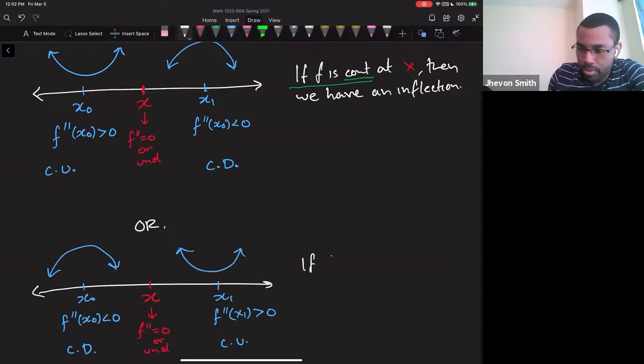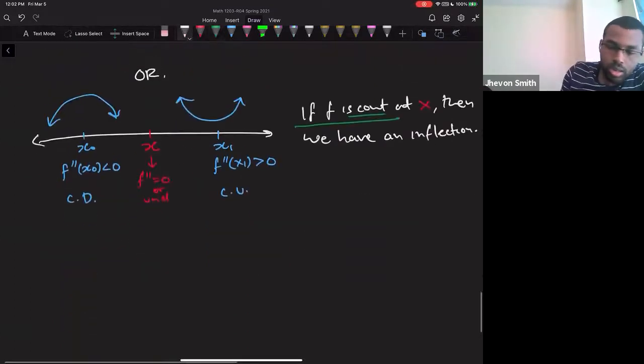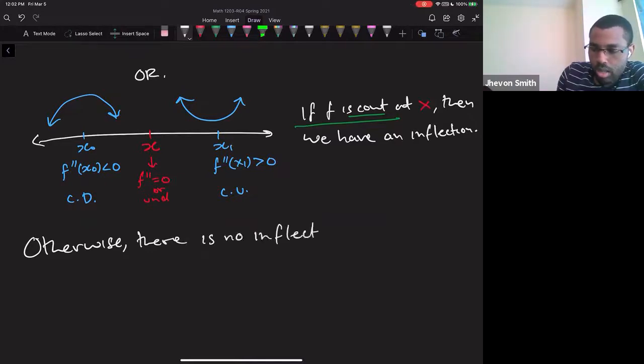And of course, if f is continuous at x, then we have an inflection. Otherwise, there is no inflection. But we can still determine concavity.